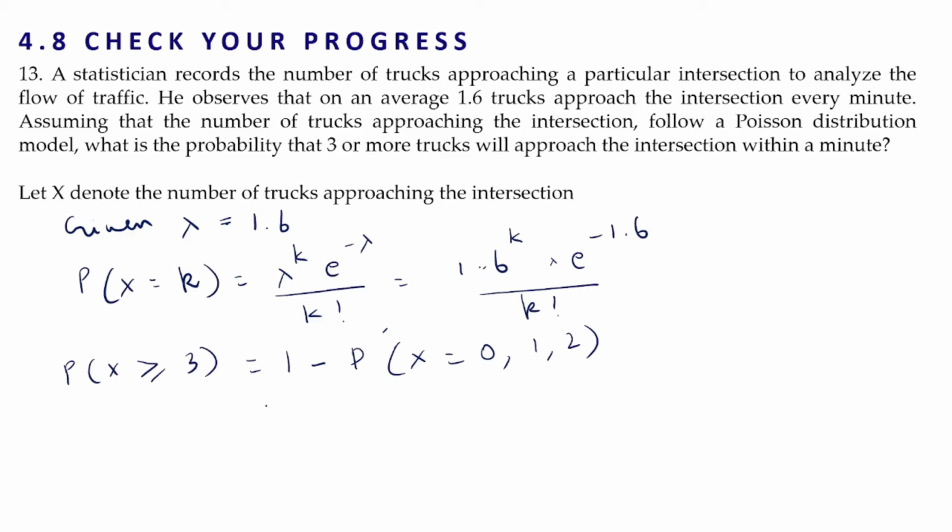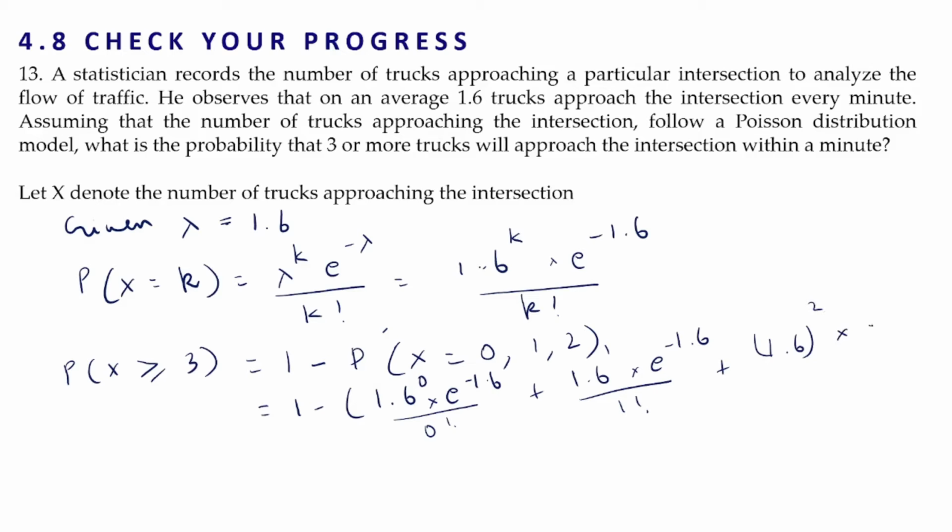So this is equal to 1 minus probability of x is equal to 0, which is 1.6 raised to 0 e raised to minus 1.6 upon 0 factorial, plus 1.6 raised to 1 into e raised to minus 1.6 upon 1 factorial, plus 1.6 the whole square into e raised to minus 1.6 upon 2 factorial.